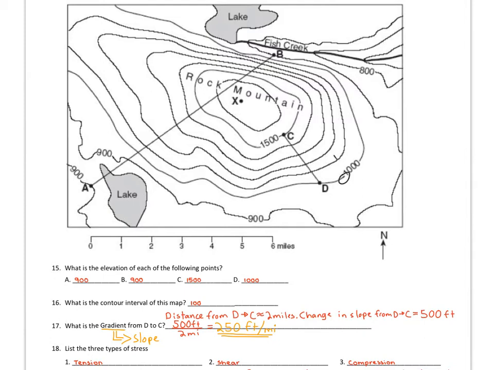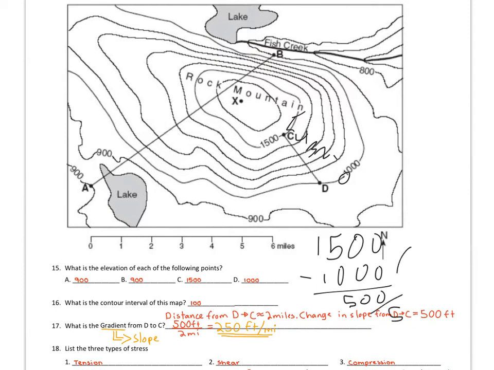Well, then I'm going to go 1, 2, 3, 4, 5. And now I know the number of contour lines. I go 1,500 minus 1,000. Hopefully y'all can do that in your head. It's 500. Now I'm going to divide 500 by 5. And my contour interval, my CI, should be 100.